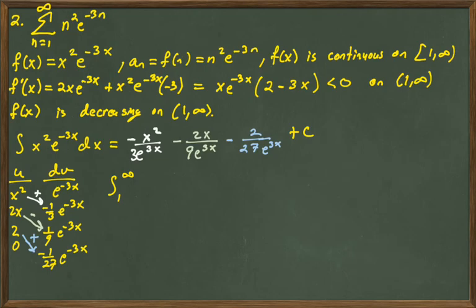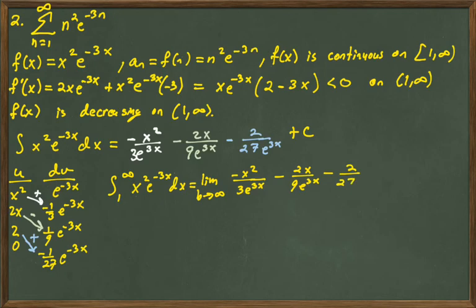So now we're going to look at the improper integral from 1 to infinity of x squared e to the negative 3x dx. So that's going to be equal to the limit as b goes to infinity of negative x squared over 3e to the 3x minus 2x over 9e to the 3x minus 2 over 27e to the 3x, and we're going to evaluate that from 1 to b.